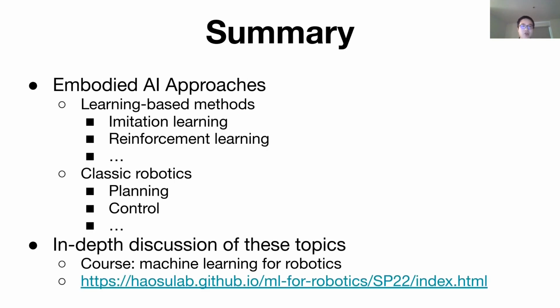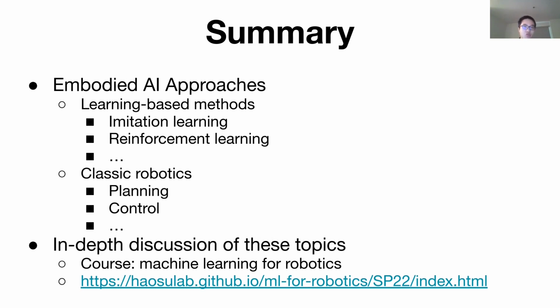Okay, let me summarize embodied AI approaches here. First, there are learning-based methods, including imitation learning, which uses expert demonstrations, and reinforcement learning, which improves policy with interaction experiences.